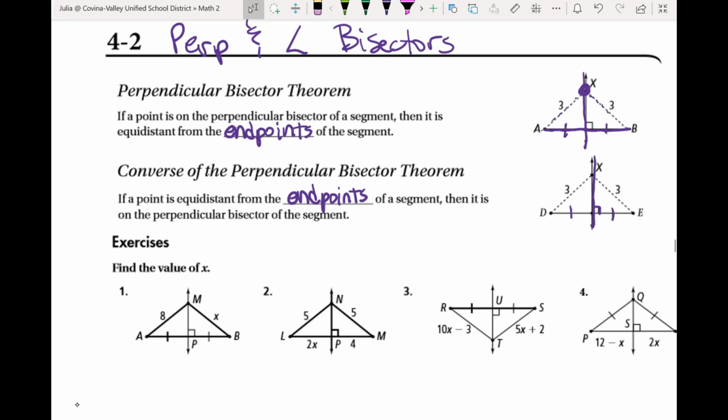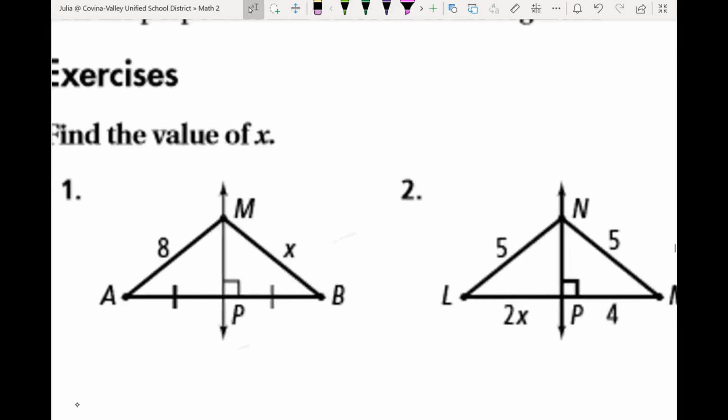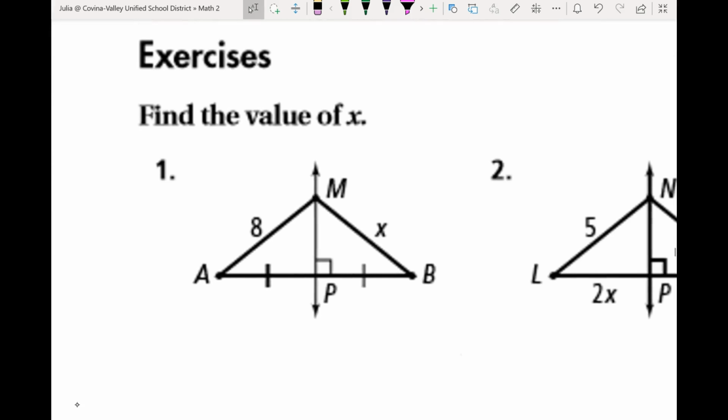So number one, what are you given? What markings? What do you know? It's perpendicular and it's also what? Congruent. So it is a perpendicular bisector. You have to know that before you can use the rule.